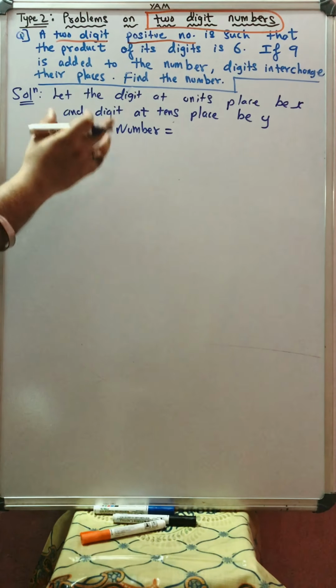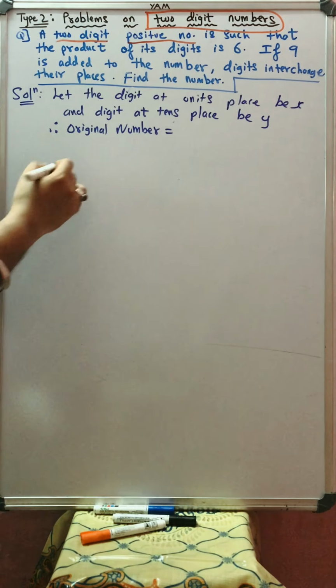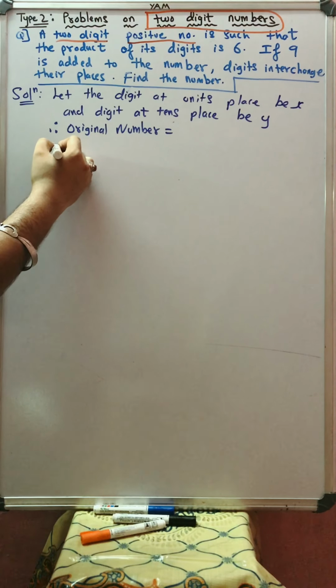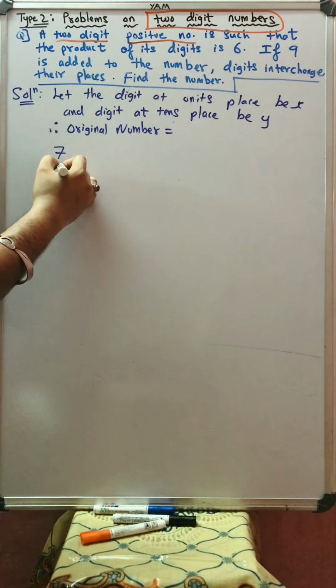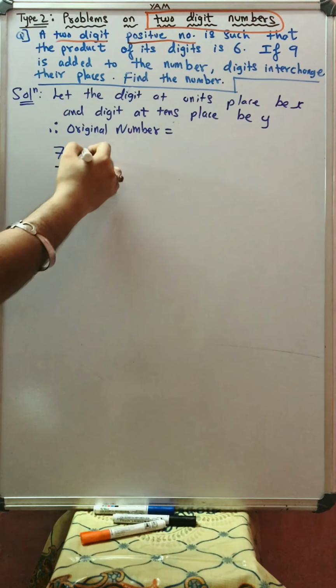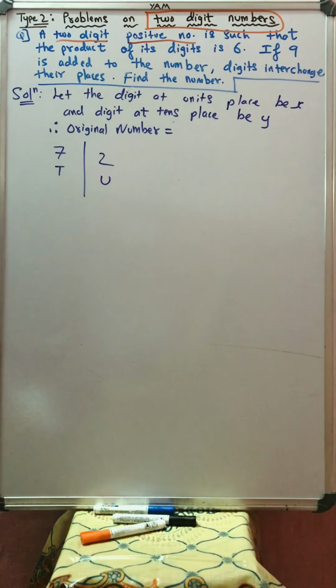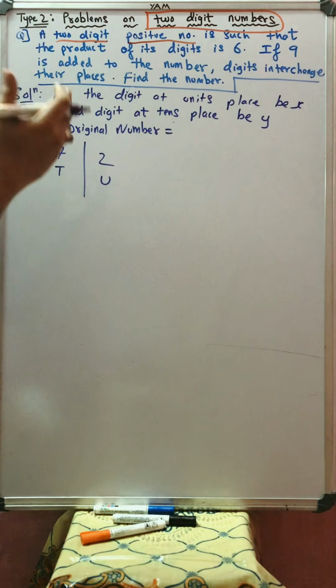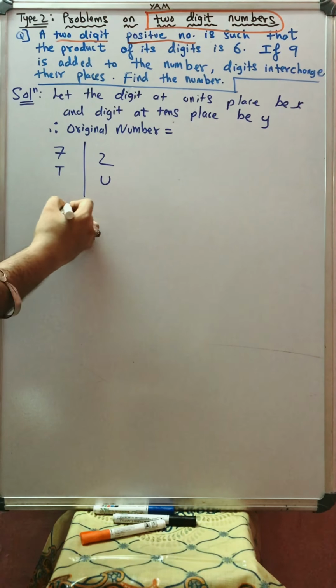Now see, before starting with the actual sum, I'll give you one example. If I tell you, students, that I have a digit 7 which is at tens place, and a digit 2 which is at units place, now mathematically you do some addition and some multiplication and form for me the number 72.